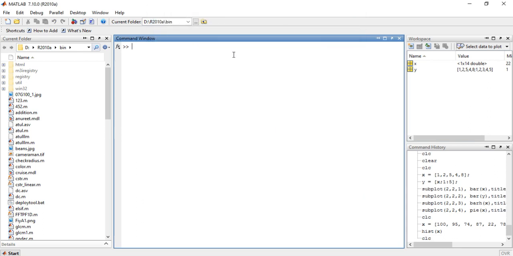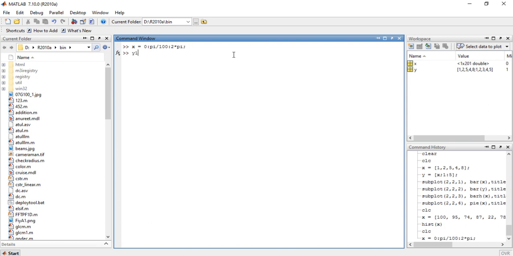So next is xy graphs with two y-axes. To overlay two xy plots onto the same figure, we are going to use two y-axes. So for example, a graph of sin x and e raised to power x should be drawn by using the commands x, same values, from 0 to 2 pi with the step size of pi by 100.